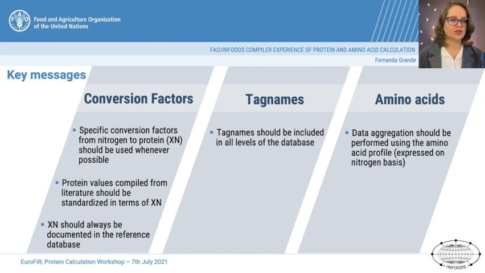Also, the conversion factors should always be documented at least in the reference database. Additionally, the tag names should always be included in all levels of the database to precisely identify the components. And for amino acids, the data aggregation should be performed using the amino acid profile expressed on a nitrogen basis.